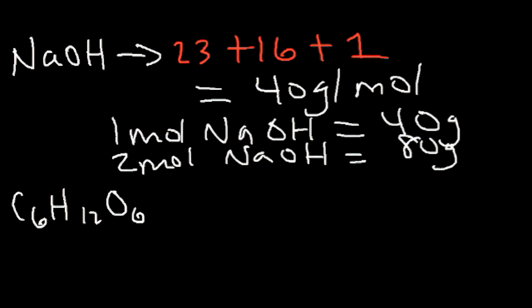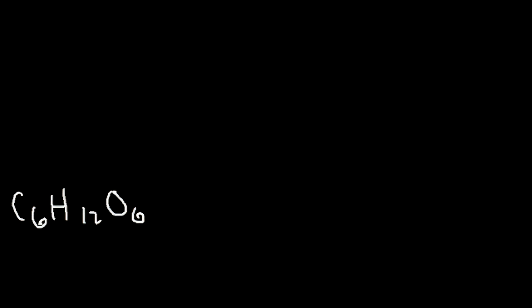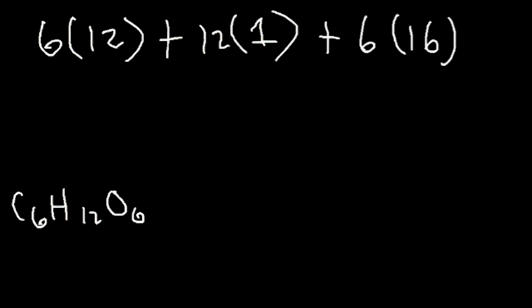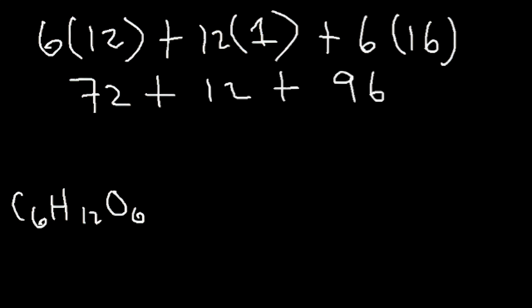Now what about the molar mass of glucose, C6H12O6? So there's 6 carbon atoms, each with an atomic mass of 12. There's 12 hydrogen atoms, which has an atomic mass of 1. And 6 oxygen atoms, each with an atomic mass of 16. 6 times 12 is 72, and 6 times 16 is 96. 72 and 12, that's 84, and 84 and 96, that's 180.